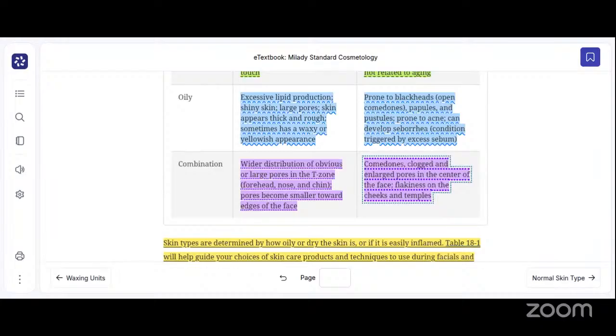All righty, y'all. Okay, we're back. And make sure our connections were good.